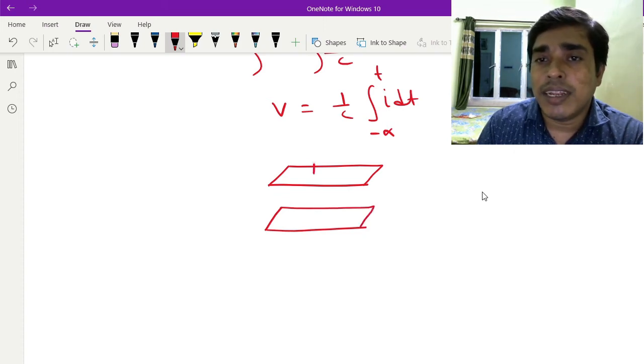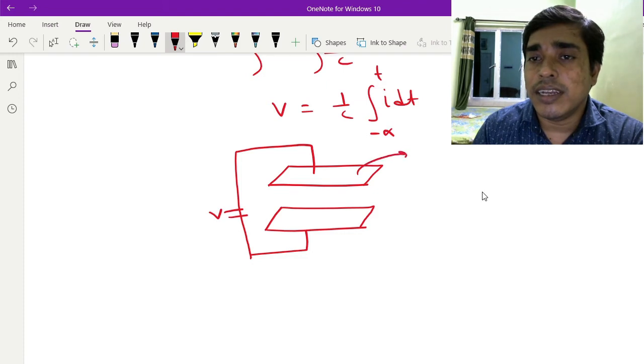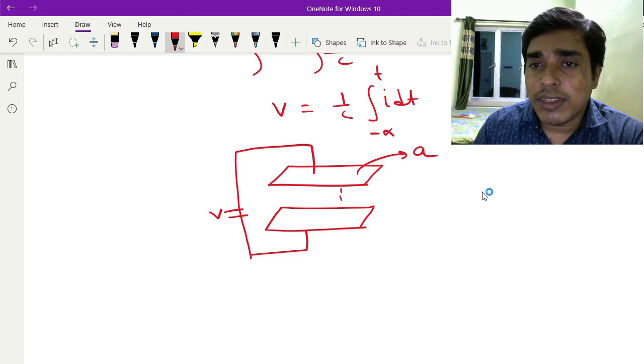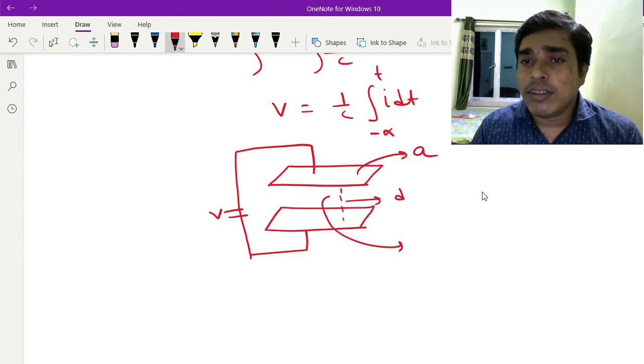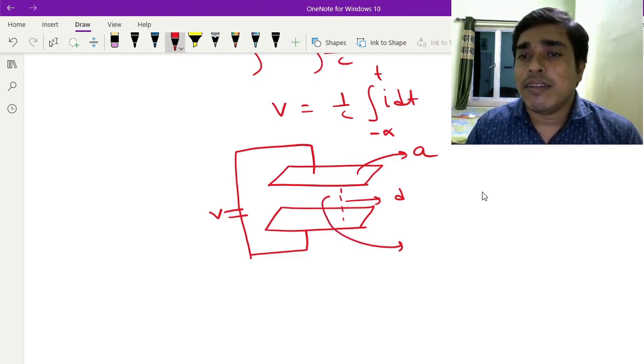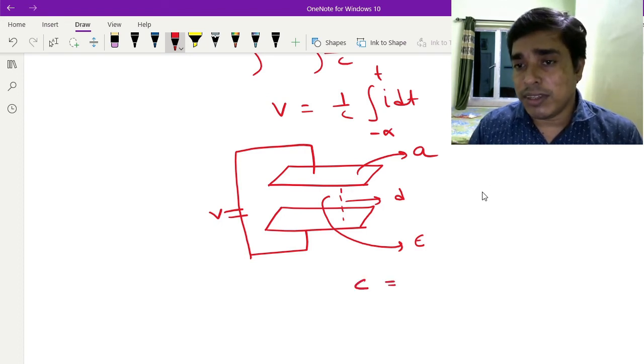Suppose the area is A, and the distance between the plates is D. The medium between these two plates has dielectric constant epsilon. So the capacitance of this parallel plate capacitor is epsilon times A divided by D.